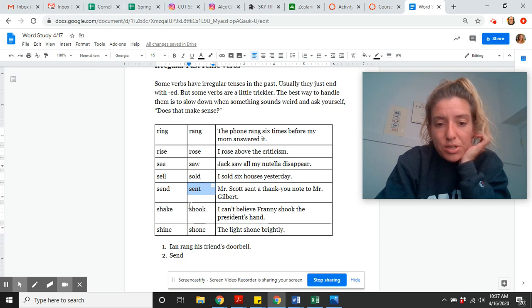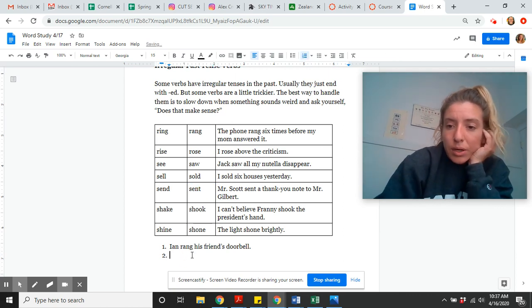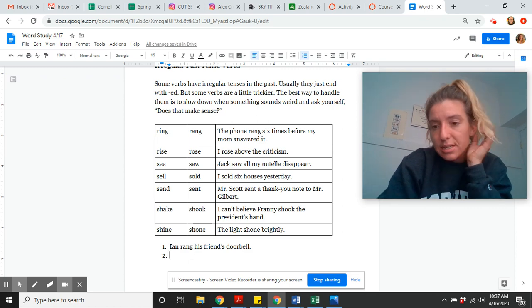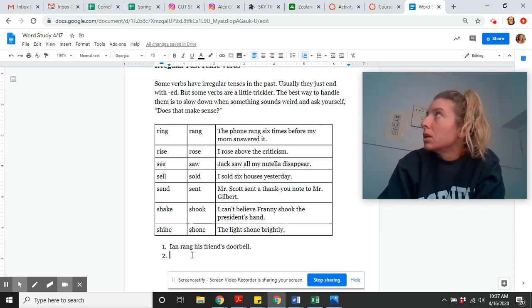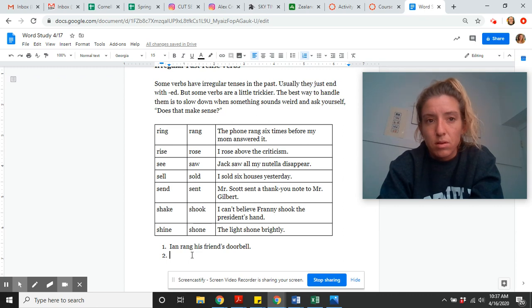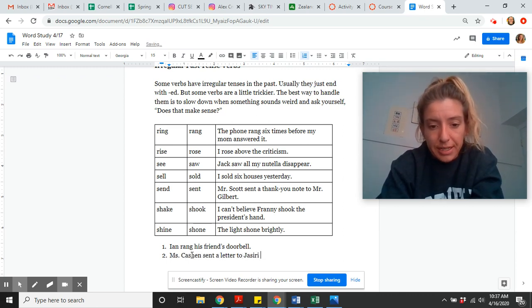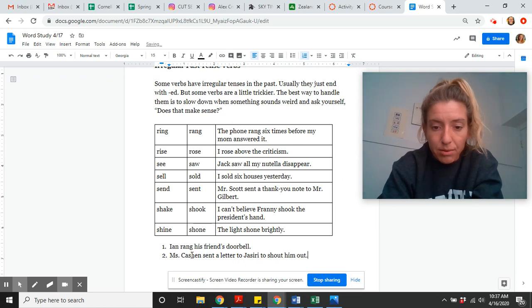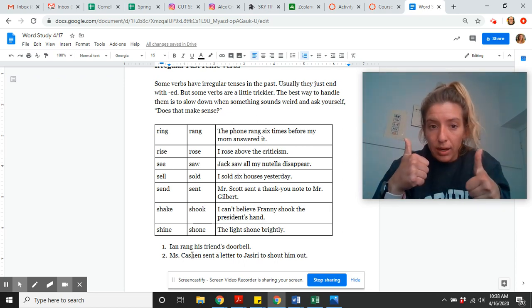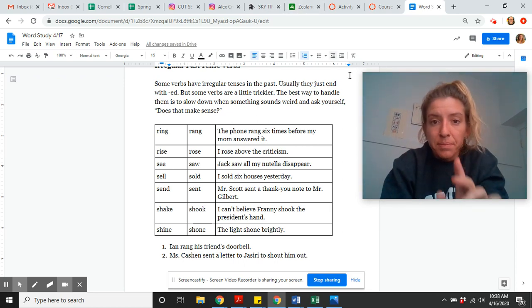Sent. Like Mr. Scott sent a thank you note to Mr. Gilbert. What could we do with sent? Action sent a letter to Siri to shout him out. True story. All right, those are your new irregular past tense verbs.